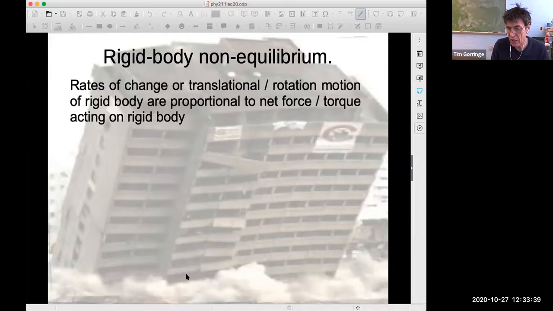Rigid body non-equilibrium. That's when the sum of the forces on a rigid body or the sum of the torques on a rigid body or both are not zero. In that case, there's a change in the rotational or the translational or both motion of the rigid body, and the rate of change of the translational or rotational motion of the rigid body is in proportion to the net force and net torque that's acting on the rigid body.